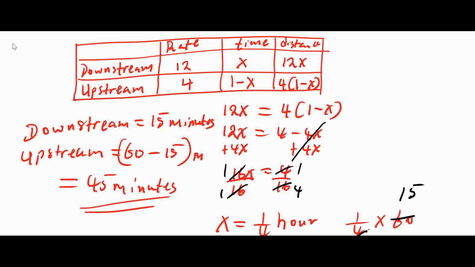So 60 minutes is equal to 1 hour. So 60 minutes minus 15 minutes is 45 minutes.